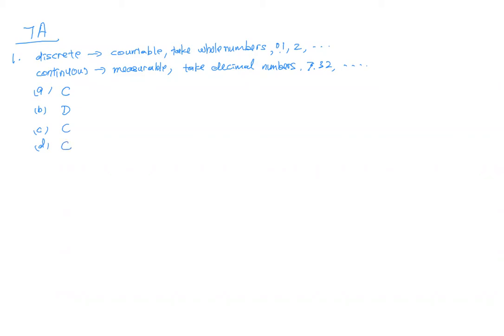Number, as long as you see number, you know it is discrete. F is discrete. G, length is measurable, continuous. Height, you have to use an instrument to measure, so it's continuous. All these you can get the answer from your textbook.